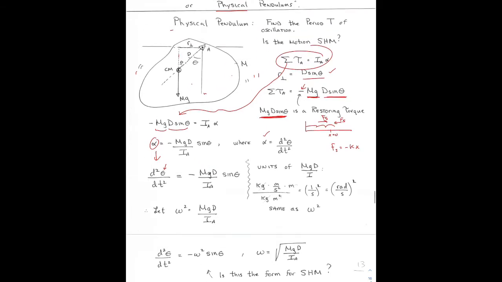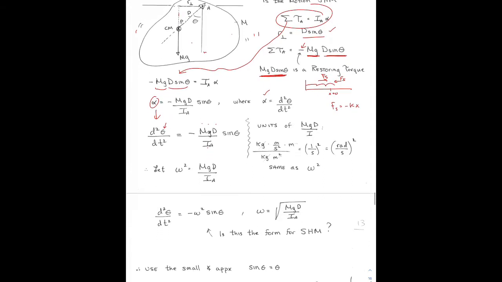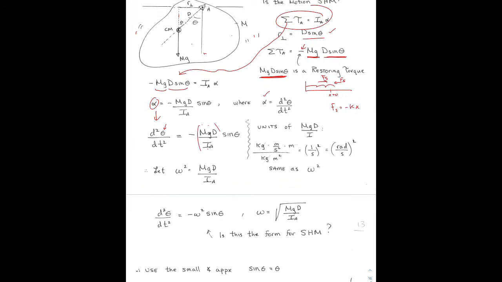Now let's make sure what I have here is a constant. Mass is a constant, g is a constant, d is that distance, a constant, and I is just the moment of inertia of that piece of plywood. Now let's look at the units of mgd over I. m is mass, g is gravity, d is a distance. And remember what I is.